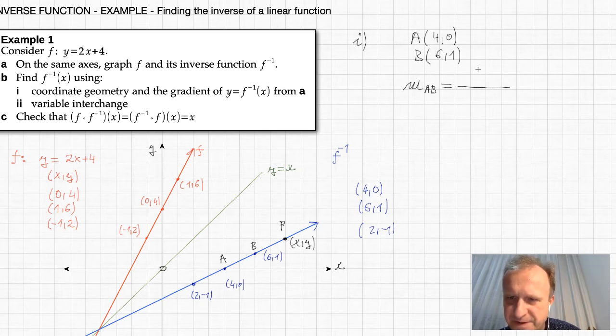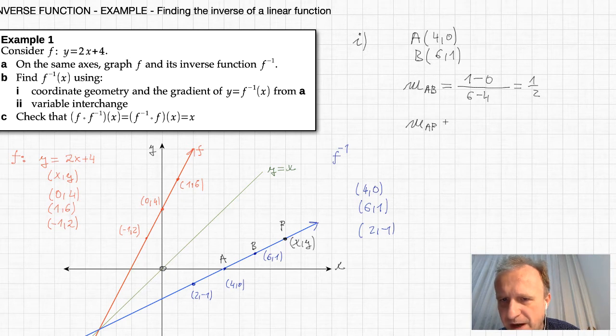First, take the difference in y coordinates of these 2 points. So it's like 1 minus 0 here on the top, and divided by 6 minus 4. So the gradient of this segment AB must be 1 over 6 minus 4 is 2, so it's 1/2.